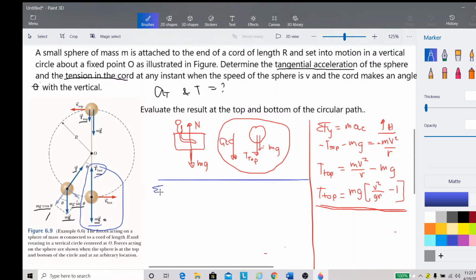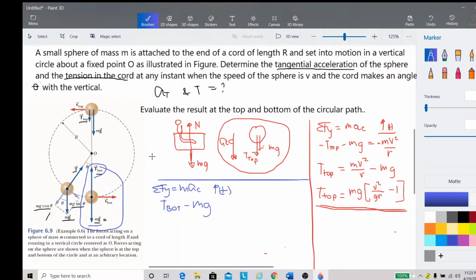Summation of forces at y is equal to MAC, upward to be positive. Okay, upward positive. So what are the forces going upward? That will be T at the bottom, the tension at the bottom minus mg.